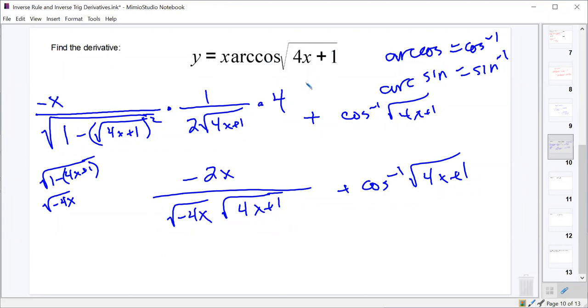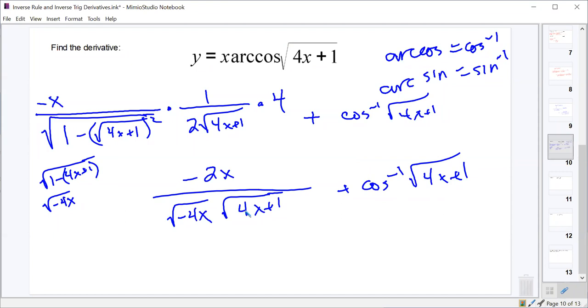There's a lot of things that we have to take into account, like the domain of our original function. Well, root 4x plus 1, if we're talking about inverse cosine, has to be a number between negative 1 and 1. So we'd go back in and figure out what x values make that true, and then make sure they still made this exist. Does that make sense?